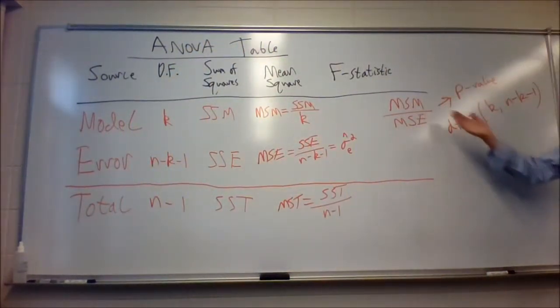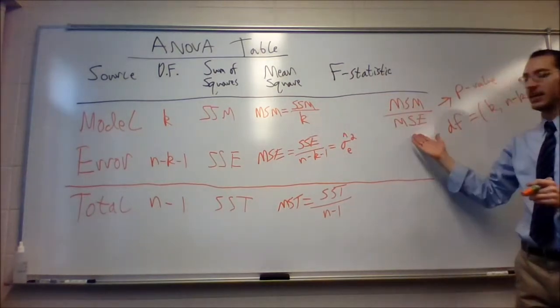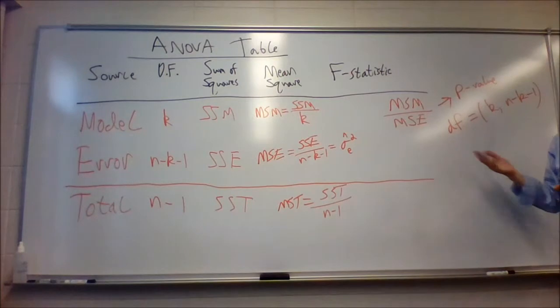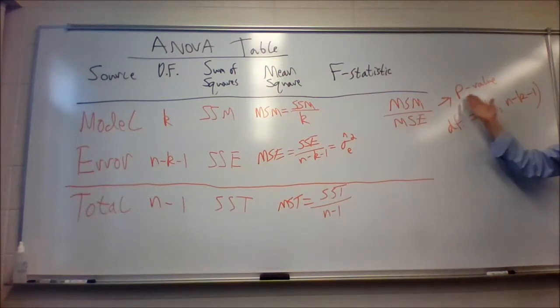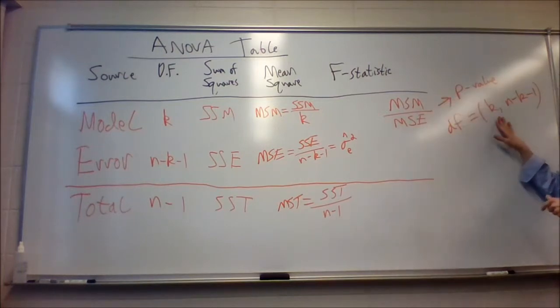So when you are given an F statistic, it's just taking the mean square of the model and dividing it by the mean square of the error. And then it's giving you a p-value based on the degrees of freedom for the thing up top, mean square model, k, and the degrees of freedom for the thing on bottom, mean square error, n minus k minus 1.